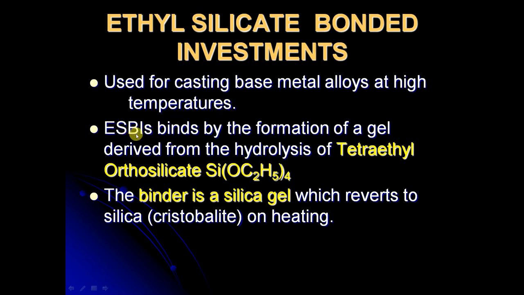Ethyl silicate bonded investment binds by the formation of a gel derived from the hydrolysis of tetraethyl orthosilicate. The binder is very important: in gypsum you have alpha hemihydrate as a binder, in phosphate bonded you have magnesium oxide and monoammonium phosphate as a binder, and in ethyl silicate bonded investment you have silica gel as a binder.